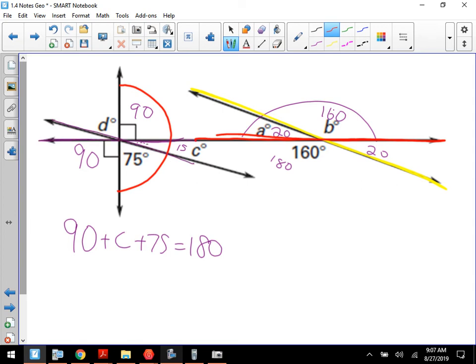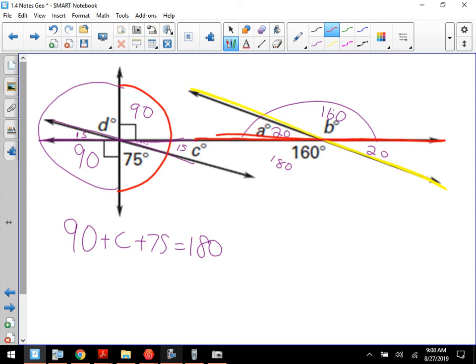Doesn't that make this one here 15? Which means what's angle D have to be? Exactly. Again, we're using some terms that we haven't completely gone over, but I didn't think this was a bad spot to kind of show you guys where we're going to start seeing some other pictures. Okay? Not too bad, right?